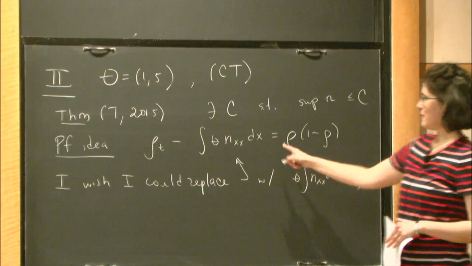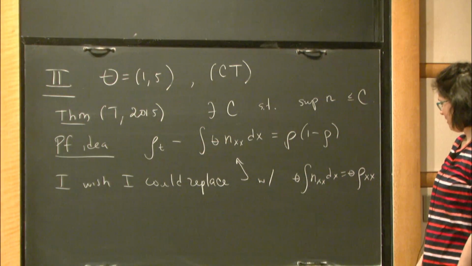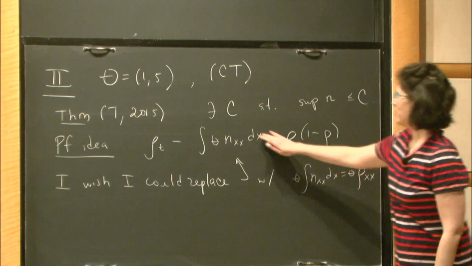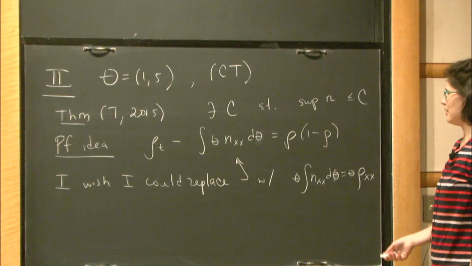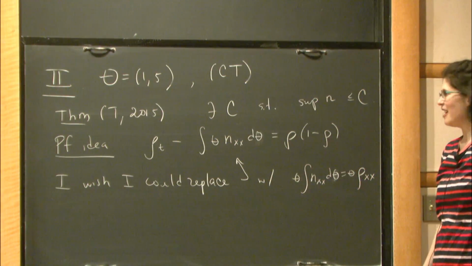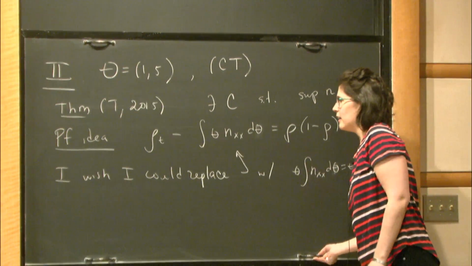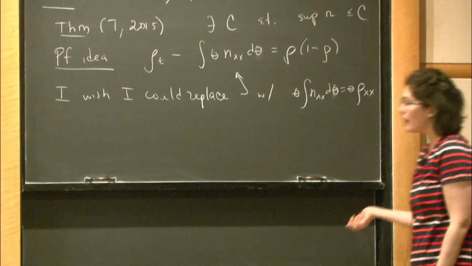And then that would be just the KPP equation for rho. Oh my goodness, I'm so sorry, d theta. Yes, indeed, because the integral is in theta, I can pull that theta out. But in fact, this idea is not so bad.